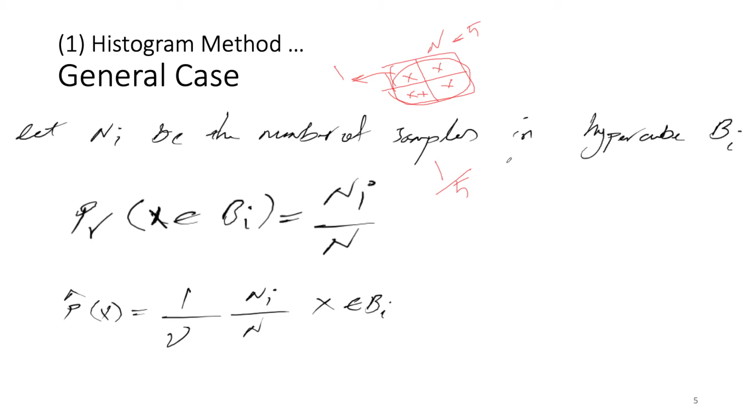So the p hat, the estimate that we want to find, is 1 over V, the volume of that hypercube, multiplied by Ni divided by N, for every x inside Bi. That's a simple general case for the histogram-based method.